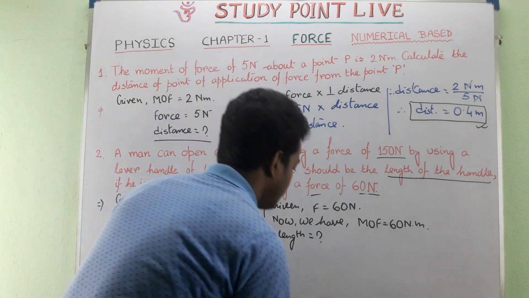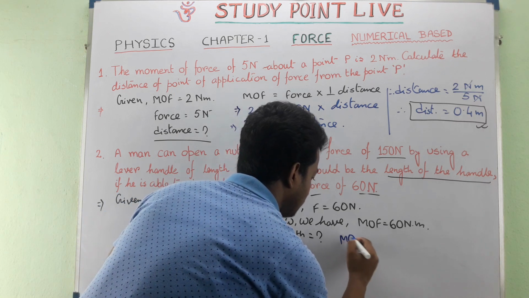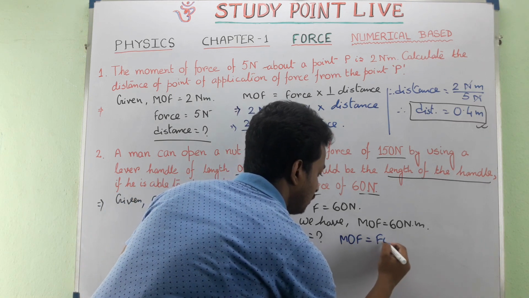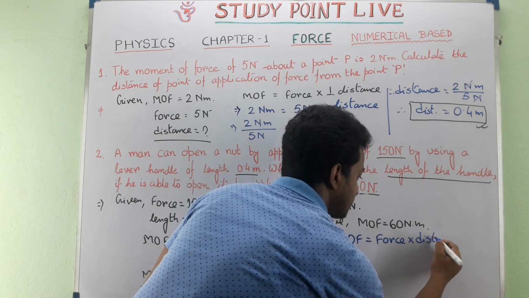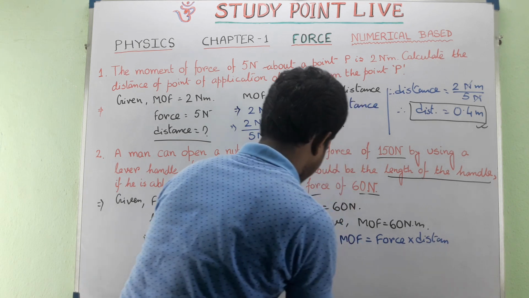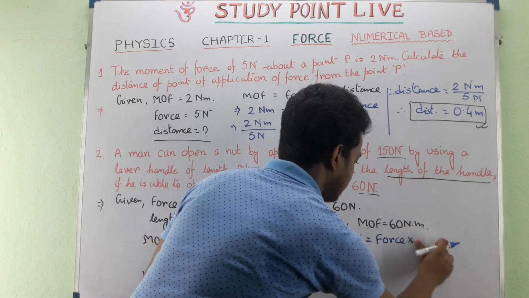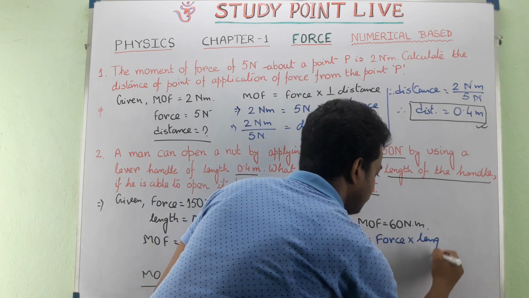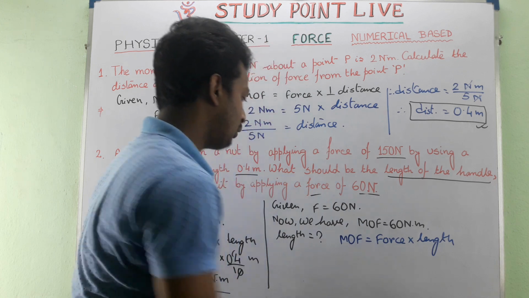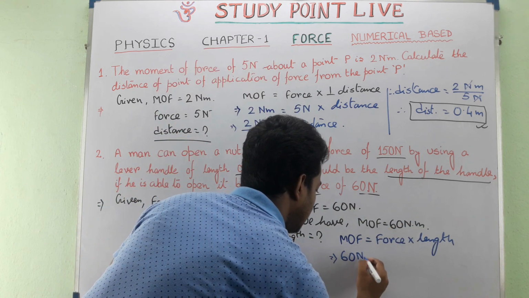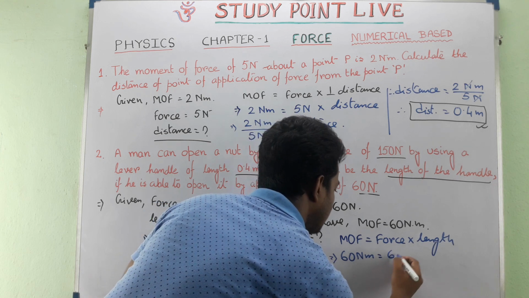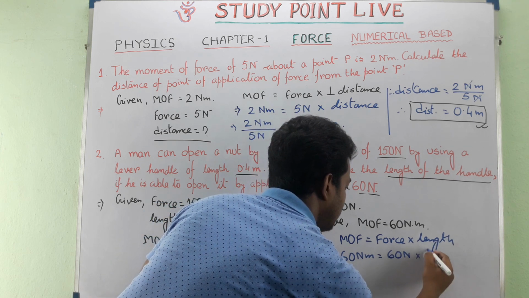Now let us write moment of force is equal to force into distance or length. So let us write length over here. What is the moment of force? That is 60 Newton meter. What is the force? That is 60 Newton into length.